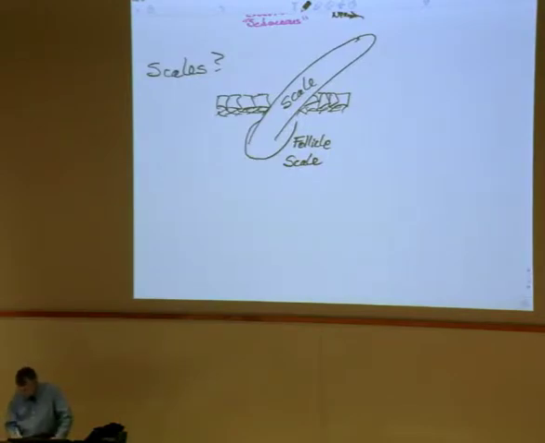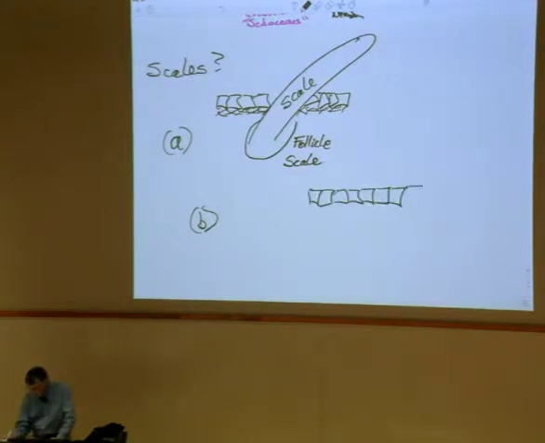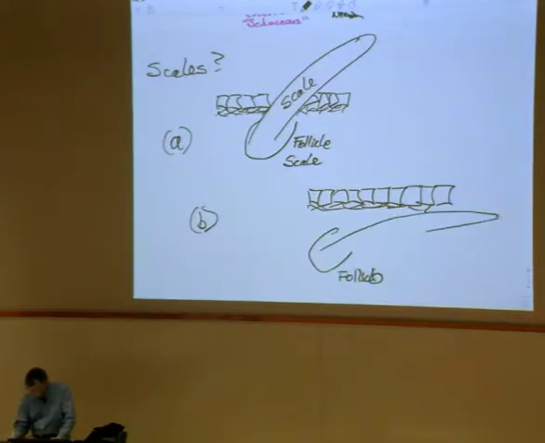But another possibility for a scale is to never go through the epithelial layer. This is actually typical of fish scales.